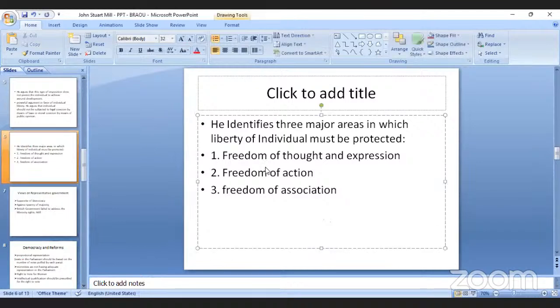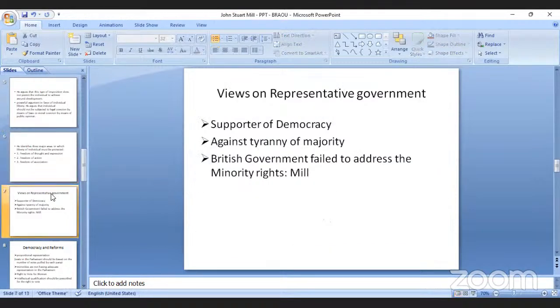So here we are concluding with the liberty of his thought. So next his thought is representative government. So what are his views on representative government? So we'll discuss here. He majorly supports democracy, and as we discussed earlier in liberty, he is against the tyranny of majority concept.